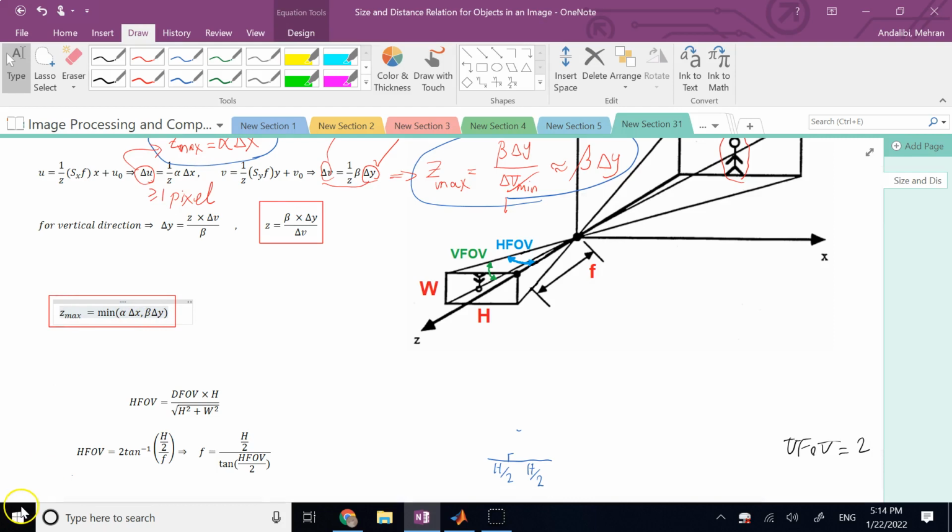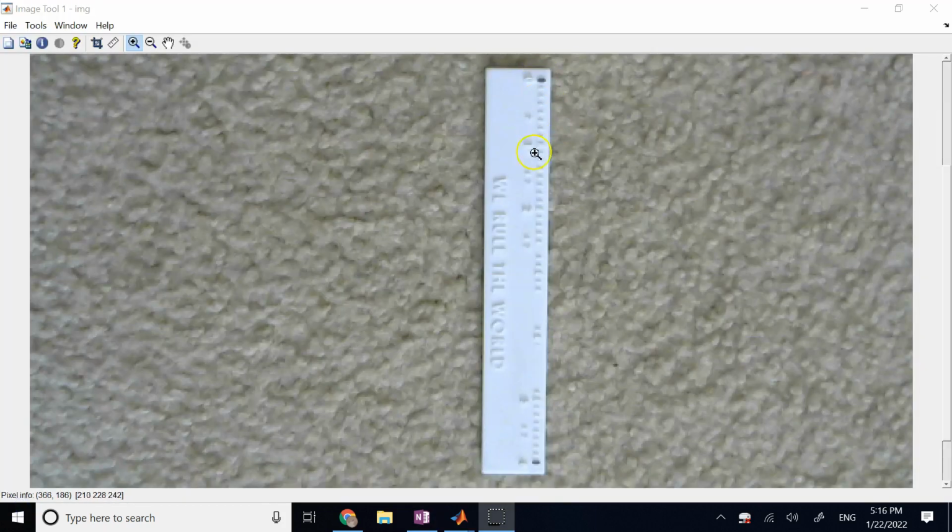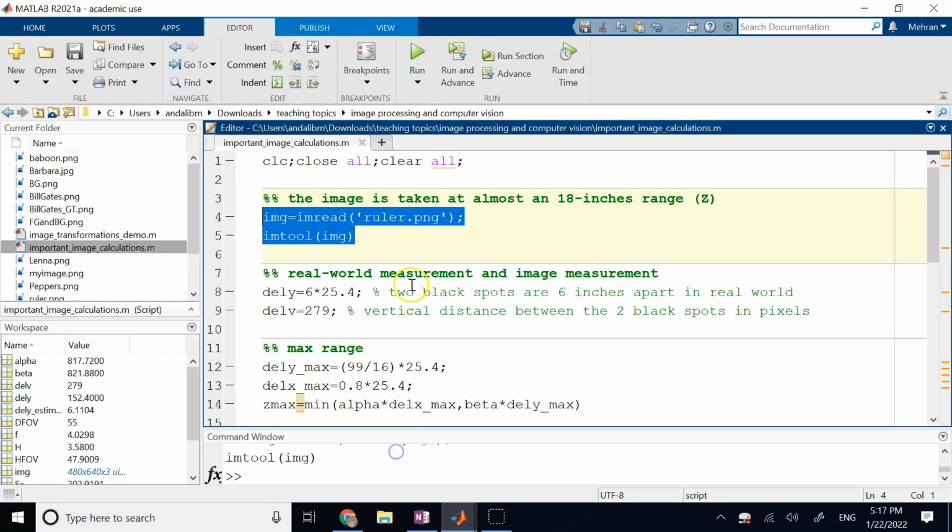So for this ruler, the maximum delta y is a little bit over 6 inches, and your delta x is a little bit over 3/4 of an inch. So I measured them here, and your delta x is about 0.8 inches, and your delta y is 6 3/16 of an inch, which is 99/16.